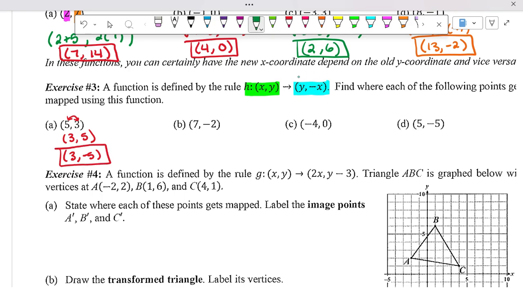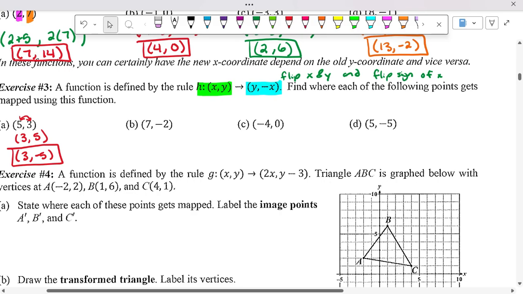So what we did, just to put into words, we flipped x and y and flipped the sign of x. All right.